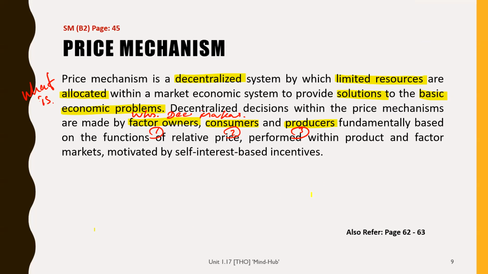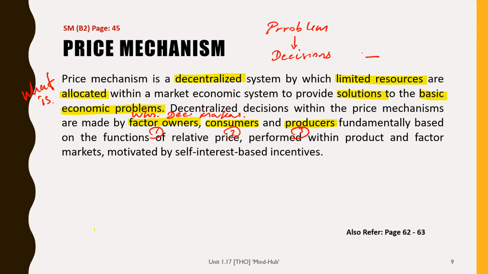So there are 3 decision makers. As I was saying, you remember we talked about this in the beginning. If you have a problem, the solution comes in the form of making decisions.